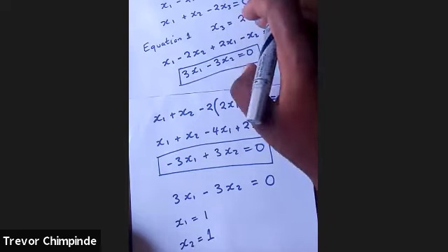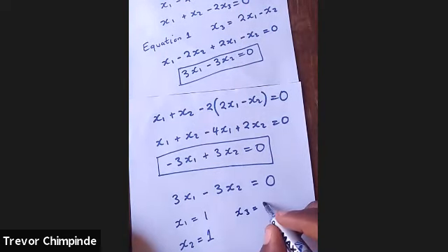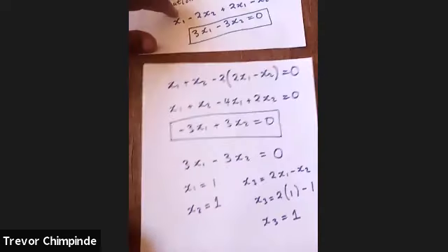And what will be your x3? You go back to what you made: x3 is equal to 2x1 minus x2. So x3 is going to be 2 times 1 minus 1, so x3 is 1 also. So all your entries are 1.